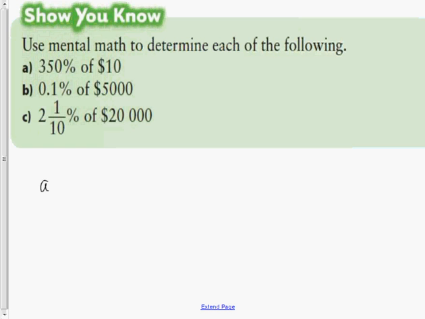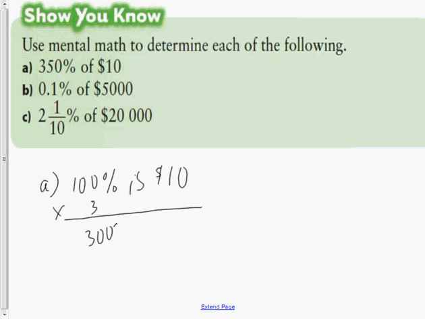One smart student said that the first thing he would find would be 100%. Now 100% of $10, believe it or not, is $10. So if I multiply this by 3, I would get 300%, which would be $30.